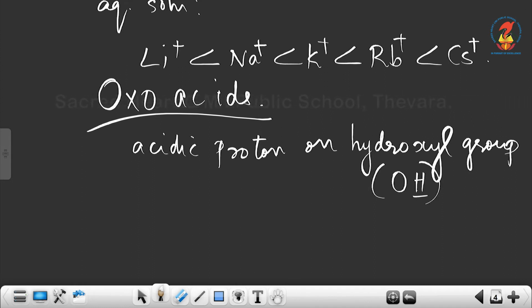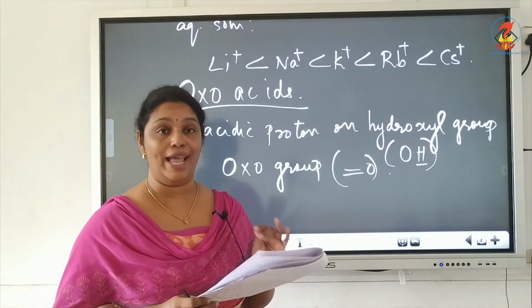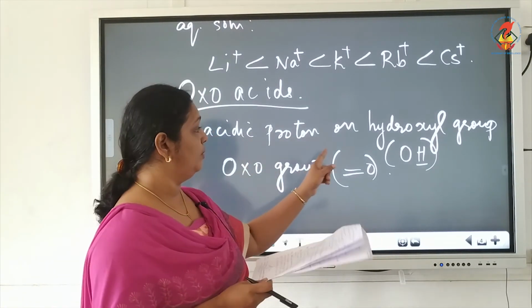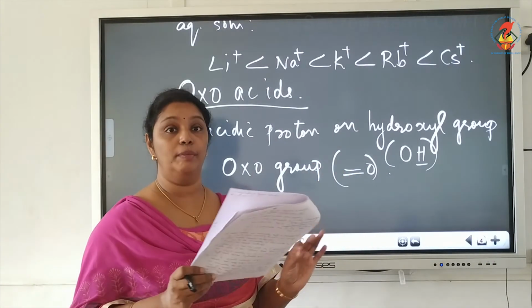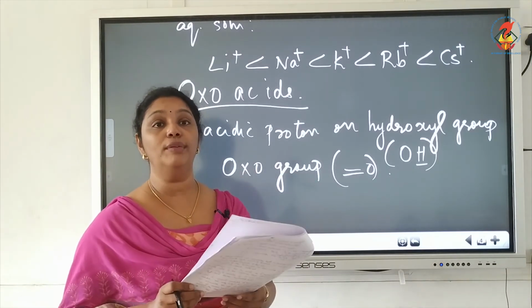So this proton, H plus, is acidic in nature. And one oxo group. An oxo group is a double bond O attached to the same atom. So how will you identify an oxoacid? If in the structure we have one acidic proton on a hydroxyl group and also one oxo group, that is a double bond O attached to the same atom, we can call that compound an oxoacid.